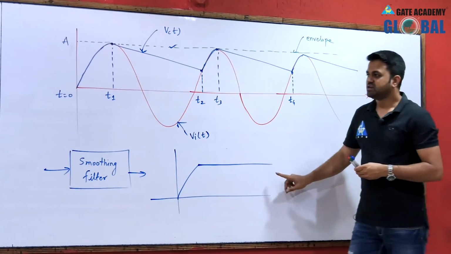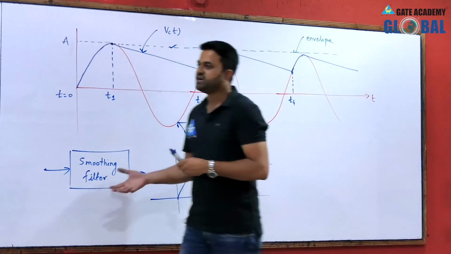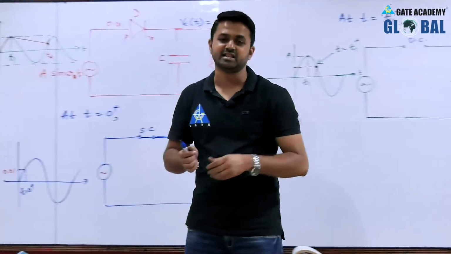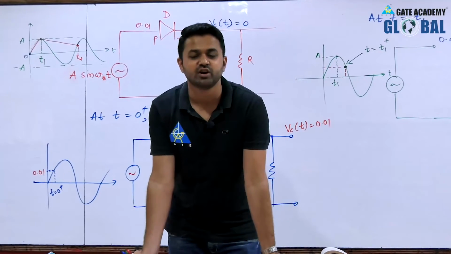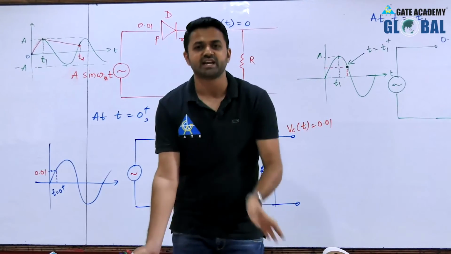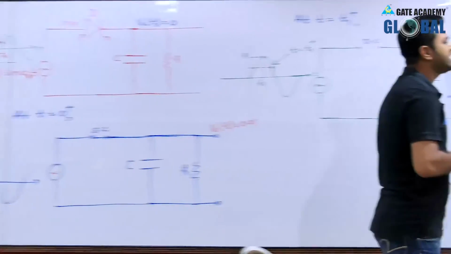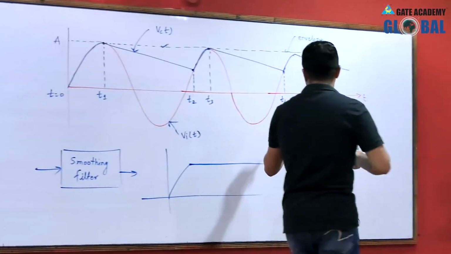After passing through the smoothing filter we get this straight line, a constant DC line. Whenever we give a sinusoidal input, either sin omega naught t or cos omega naught t, we get a flat line, because the envelope of sine and cosine are both constant.